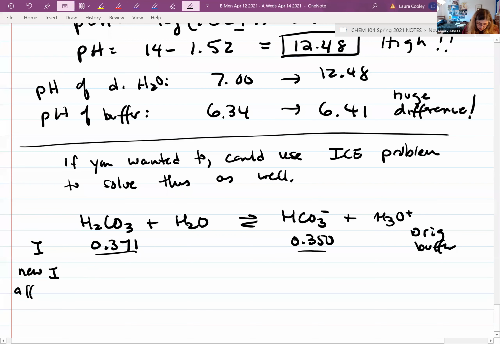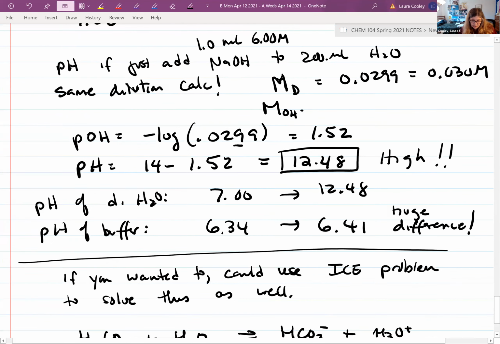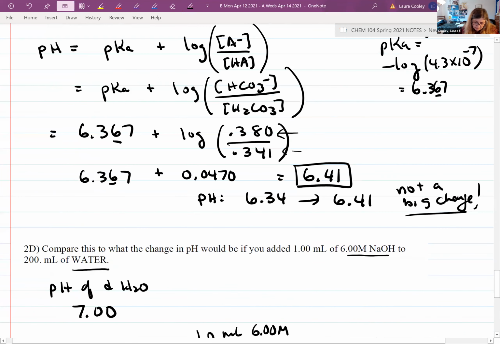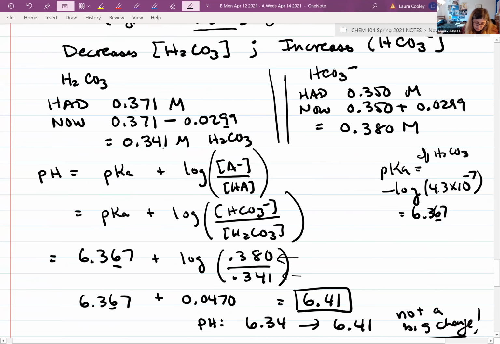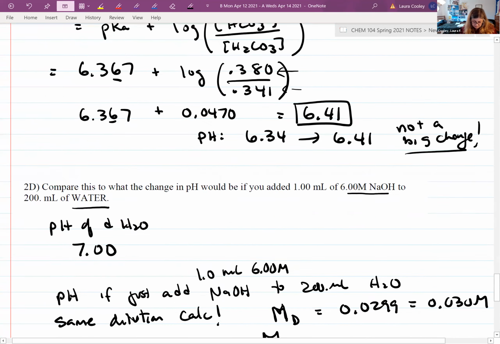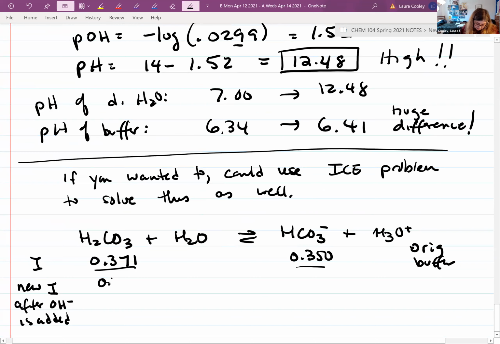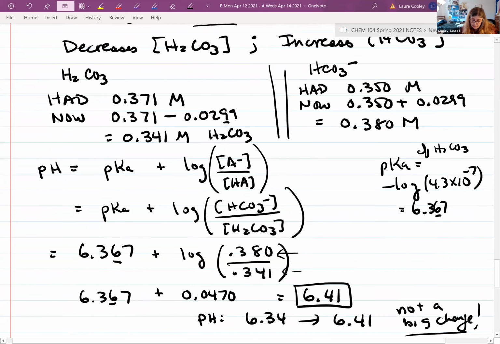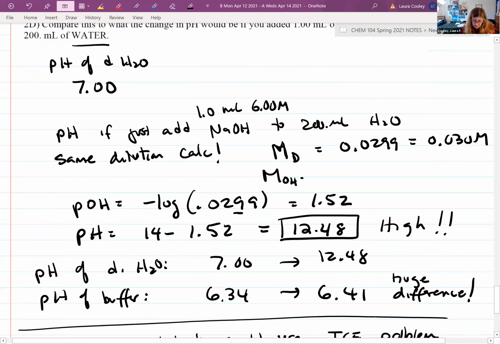After the hydroxide is added, the 0.371, that changed. It became 0.341. And the new base concentration became 0.380.